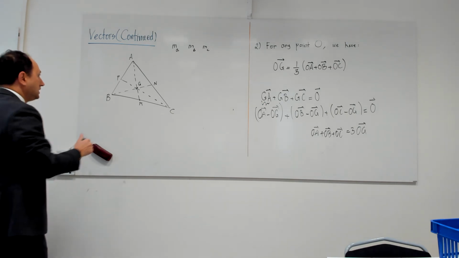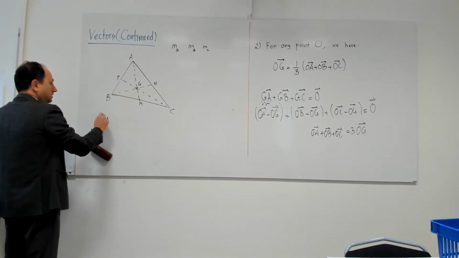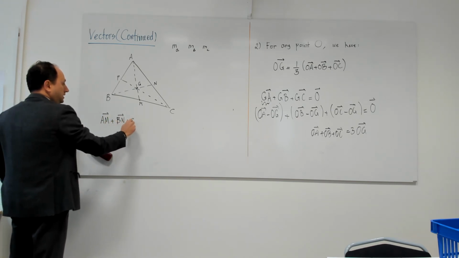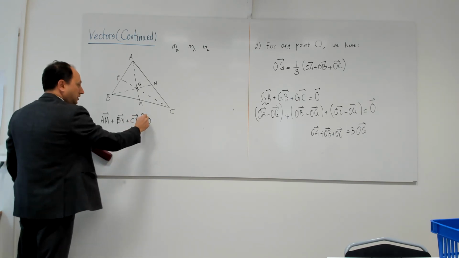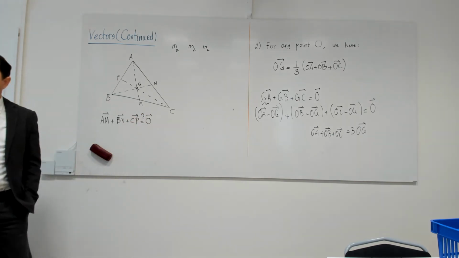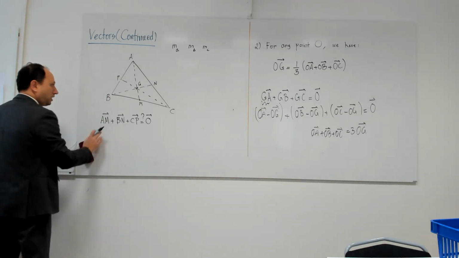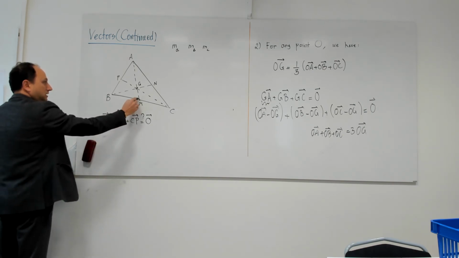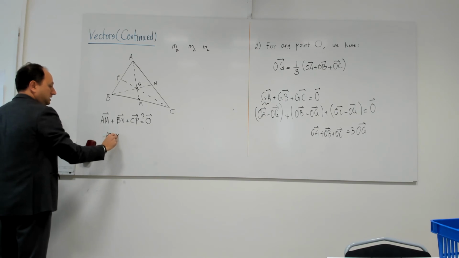What can I do? I want to show that AM plus BN plus CP is 0, then I am done. If I can show this, I am done. But what can I write for AM? AM is the median, so I can write (AB plus AC) divided by 2.